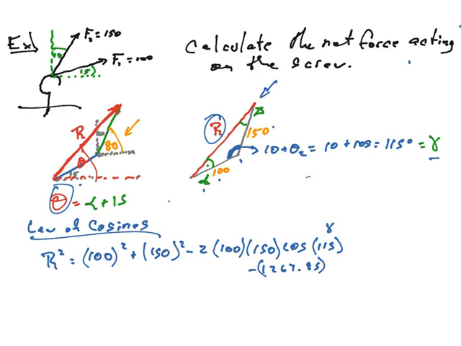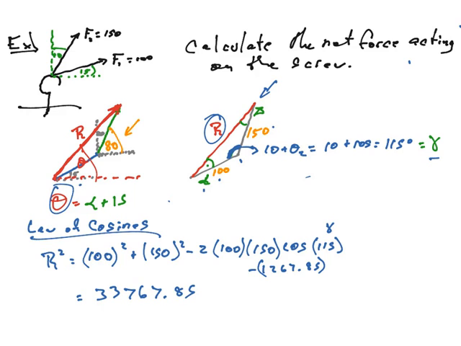All of this stuff on the right. So I have 100 squared plus 150 squared minus negative 1267.85 gives me 33767.85.